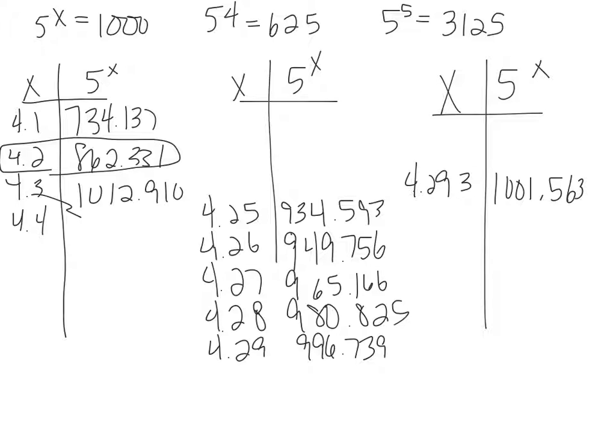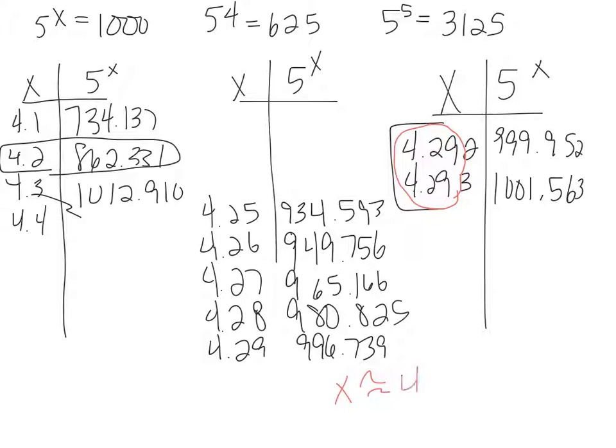Like right there, I'm over, so I know I need to go down one more. 5 raised to the 4.292 is 999.952. Okay, so that's where we are. X is between 4.292 and 4.293, which both round to 4.29. So X is approximately 4.29. Cool? All right.